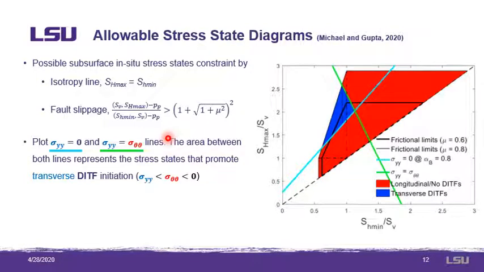The blue region behind both of those lines indicates the range of stress states in which transverse drilling induced tensile fractures will be promoted. We can see from the graph that the overwhelming majority is red, indicating longitudinal drilling induced fractures.